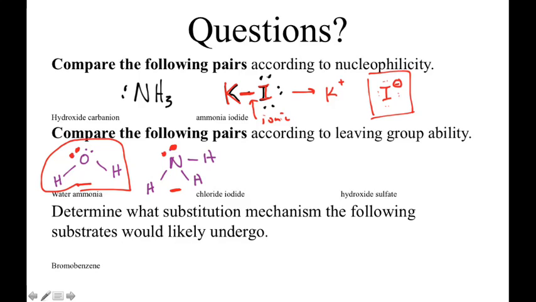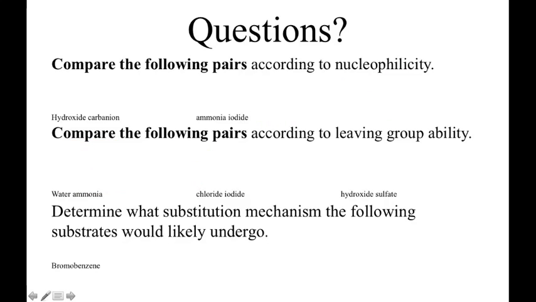Okay, so let's try another one here. Could do chloride versus iodide. So we have our chloride and we have our iodide. Between those two, which one's the better leaving group?